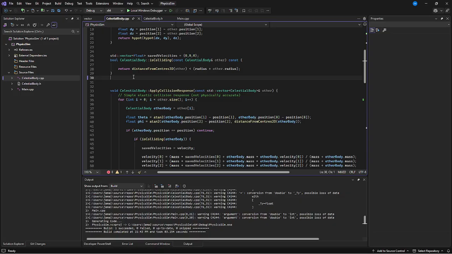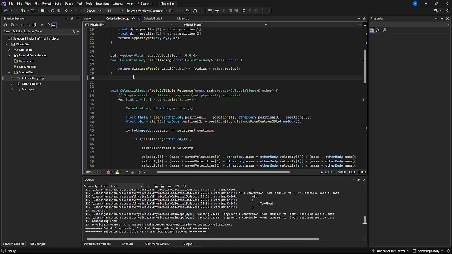If the combined radii were their distance, that would mean they were touching. If the distance is less than that, they're intersecting.